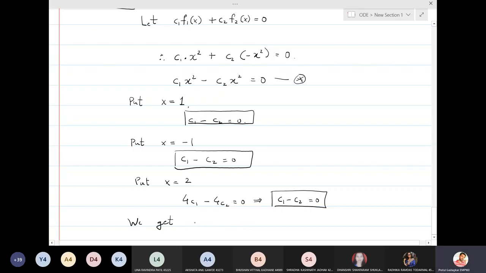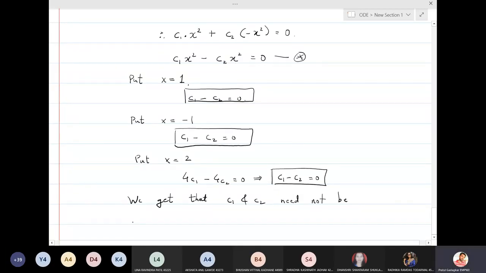We get that C1 and C2 need not be compulsorily 0. So if you have an equation saying C1 minus C2 equal to 0, can you say that C1 and C2 both have to be 0?